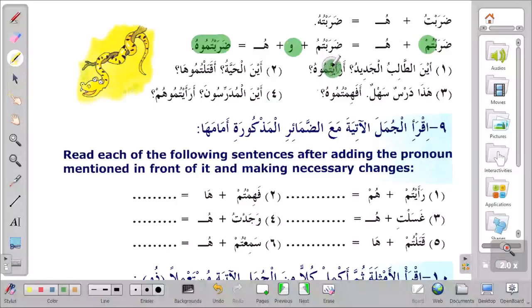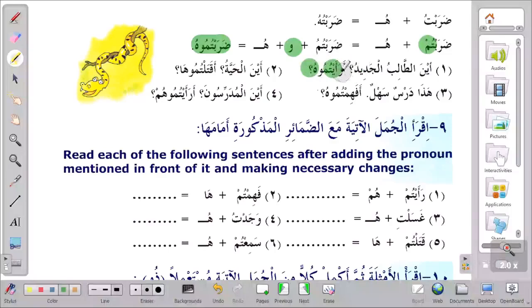Now this is a pronoun, this is the object, and you want to attach it. Did you see him? But because this is ending with tum, you can't attach it like that. That exception is for tum, when the verb has the dhamir al-muttasil tum. So you have to add wow before you attach the pronoun.